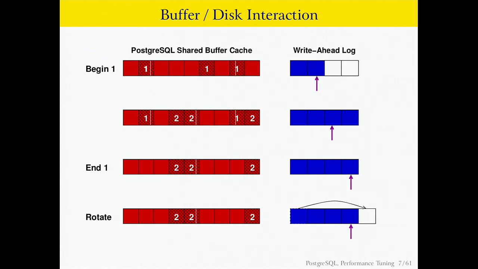As I'm running the checkpoint, the next phase is dirtying pages, but that's okay, because I only care about the ones that were dirtied at the time the checkpoint started. So I can keep dirtying pages even though I'm running a checkpoint, because the checkpoint can take 3 minutes. It does a trickle. It doesn't flush everything out at once. It tries not to use too much I/O while it's working.